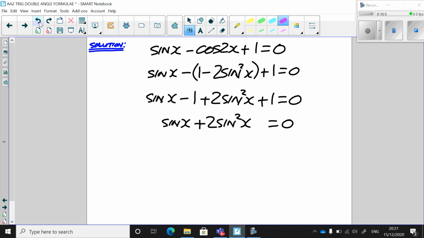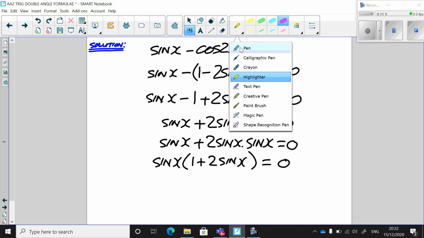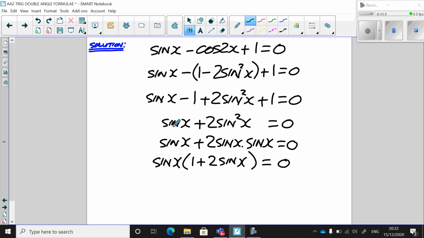How can we deal with this? Well, like we did earlier, something squared is something times itself. So that's why I've written it like that there. Okay? Right, so that means I can identify the common factor. It looks like sine x is everywhere there. So take out the sine x, and what I'm left with, I could have put in a 1, but I didn't. But I'm just going to show you.